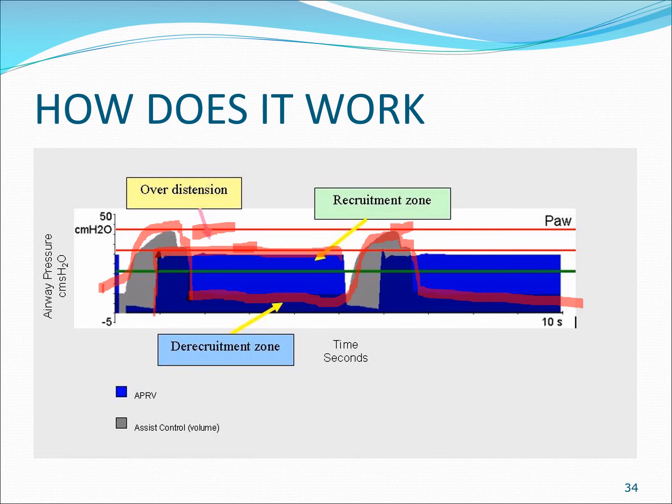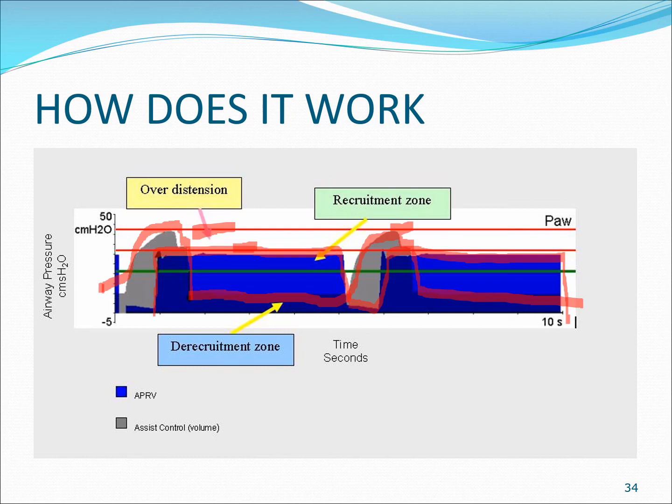Then the patient exhales, and then they come back and inhale, a long breath, and then exhale. Remember, you can breathe spontaneously on top of this. But the point is that this area actually prevents de-recruitment.